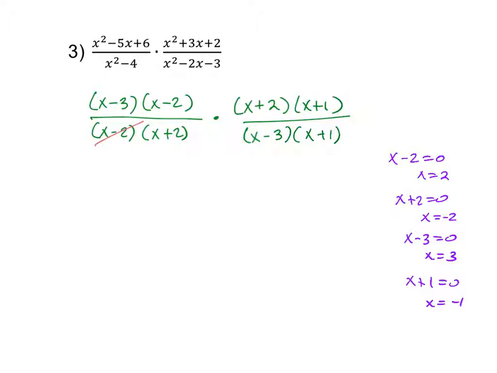So I have x minus 2, x minus 3, x plus 2, and x plus 1. So everything cancels out. So it's equal to 1, where x cannot equal 2, negative 2, 3, or negative 1. That's it for this exercise.